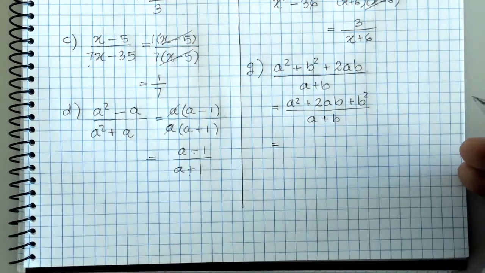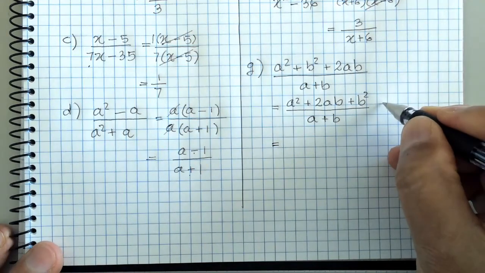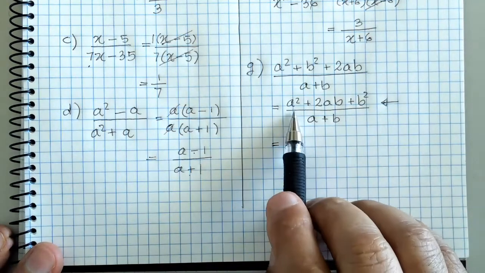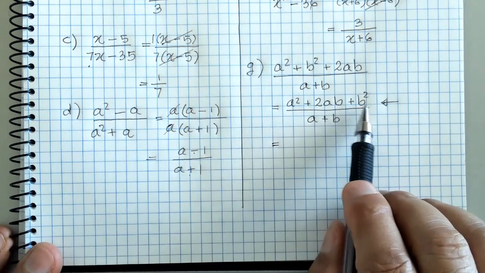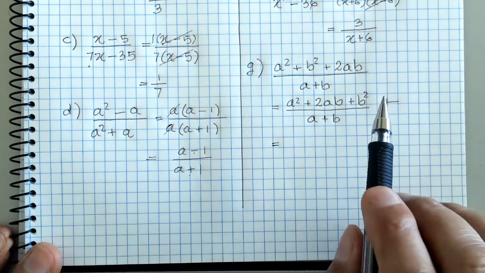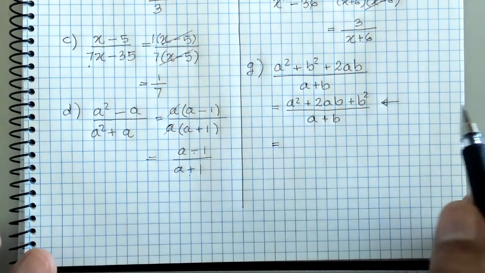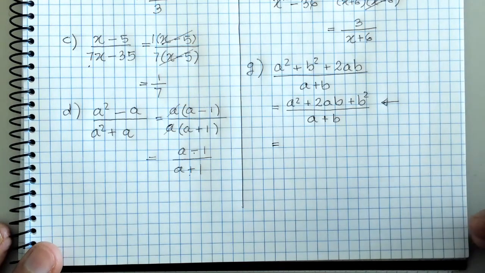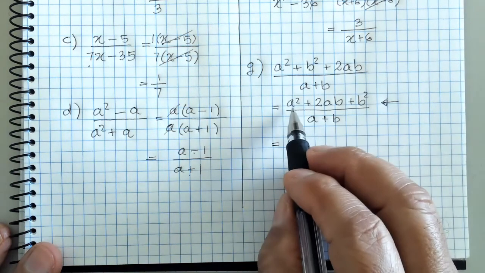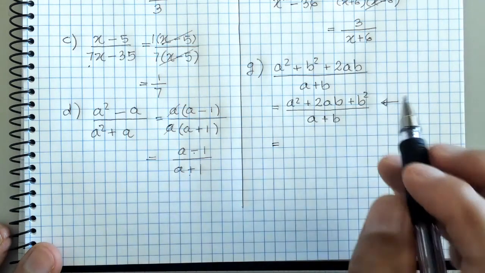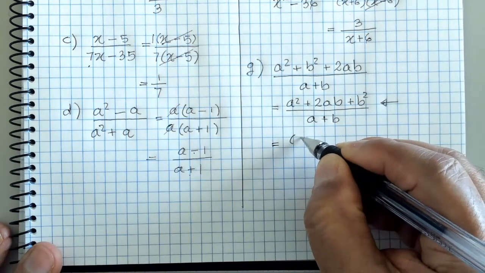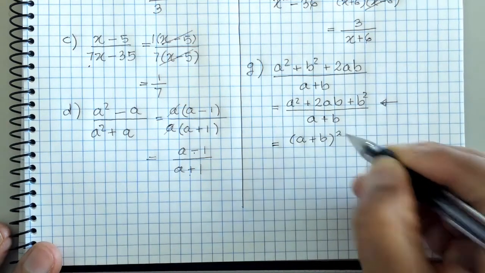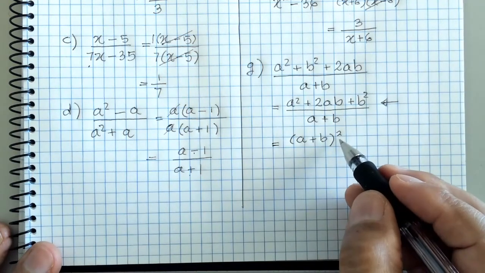Okay, so if you look very carefully, this a squared plus 2ab plus b squared, I hope that you remember that this is simply something that you call the binomial square. So a squared plus 2ab plus b squared is what you did before with binomial squares.